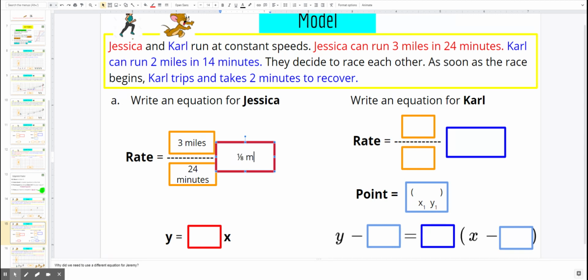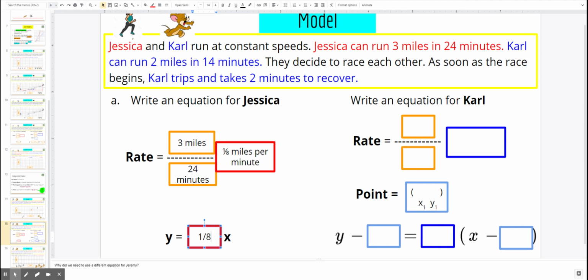So she can run 1/8 miles per minute. And that's my rate or my slope for this equation. She doesn't need another point because she started at 0, 0. That's actually her intercept. So y equals 1/8 x is our equation for Jessica.